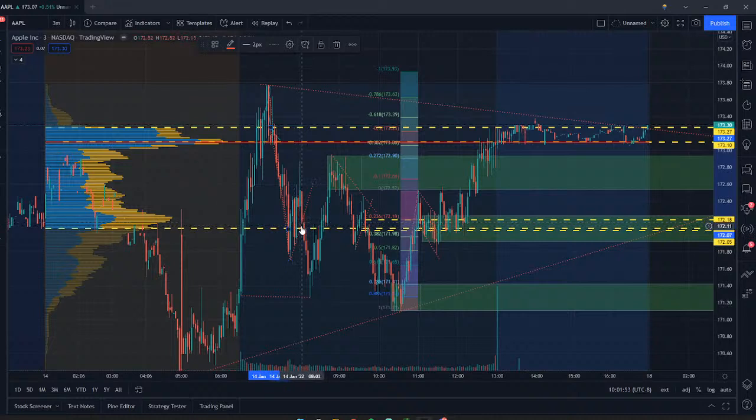There's an 80% chance, and you can see it here. When we enter the value area here, we end up going all the way to the top. So 80% of the time, when you exit the value area and come back in, you'll go from the top to the bottom, or if you exit and come back in from the bottom, to the top. So that's a pretty safe trade to take as a trader.